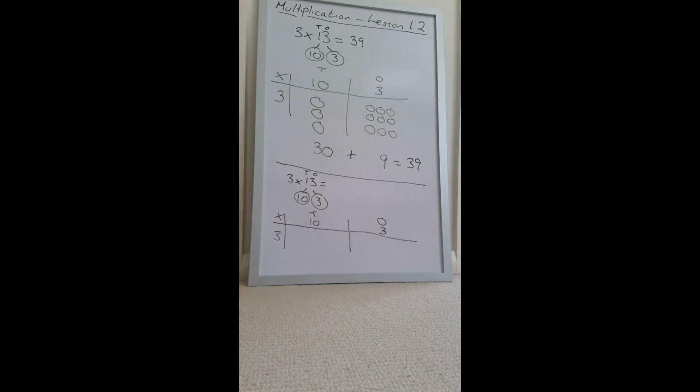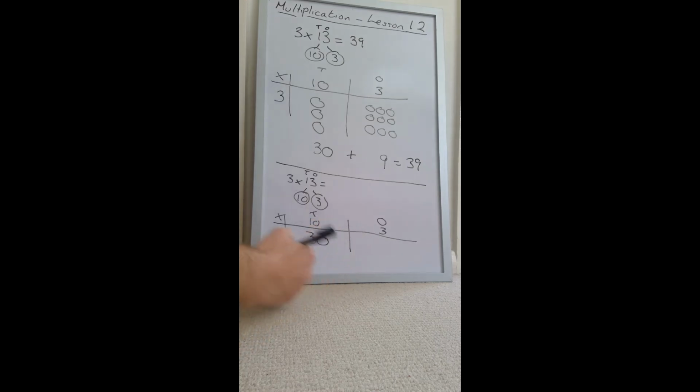Now this time I'm going to use my existing knowledge to help me solve this. So I may or may not know what 3 times 10 is. This is a multiple of 10. But if I know that 3 times 1 is 3, I will know hopefully that because this is a multiple of 10, that 3 times 10 is 30.